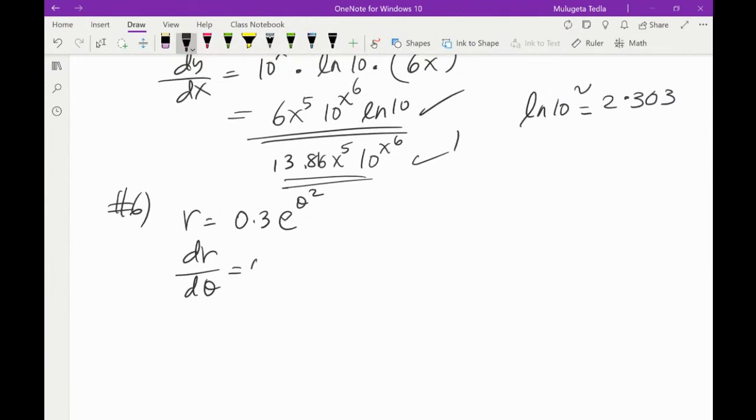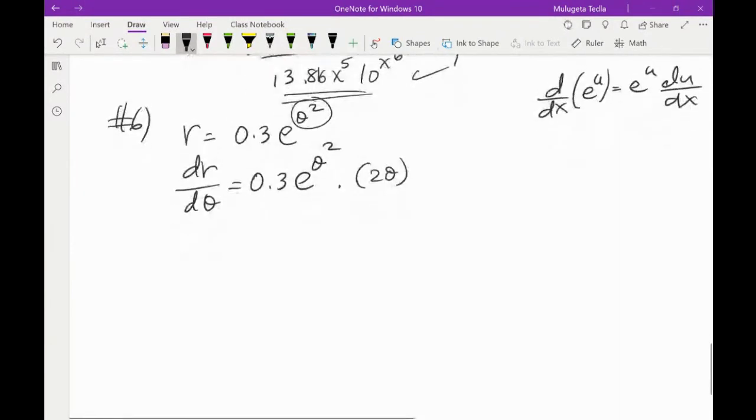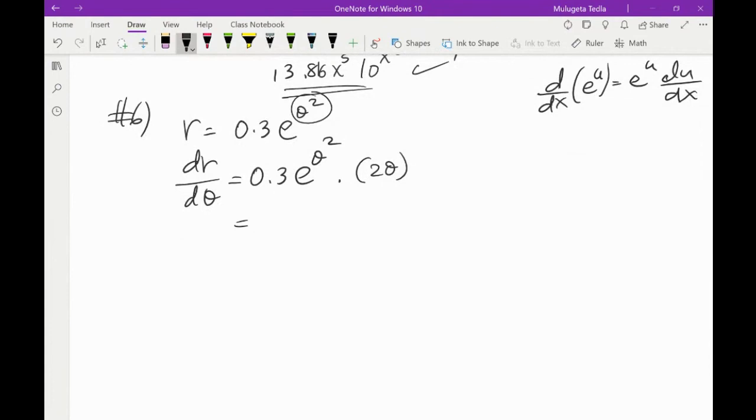So this is 0.3 e to the theta squared. That's the procedure. You know, d by dx of e to the u is repeat itself times du by dx. Right? So I copied it times the derivative of u, which is 2 theta. So 2 times 0.3 is 0.6 theta e to the theta squared would be the answer.